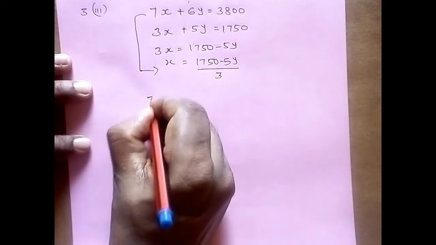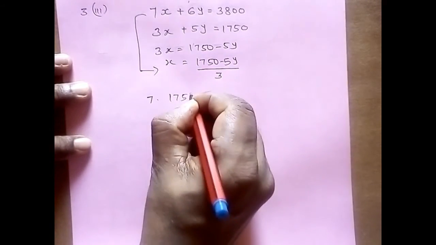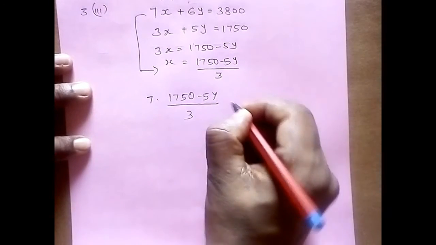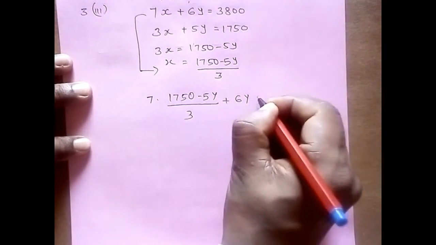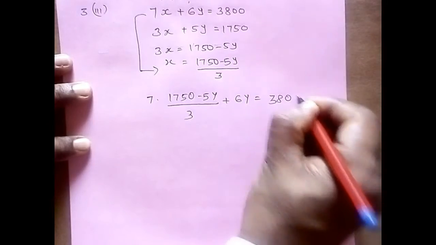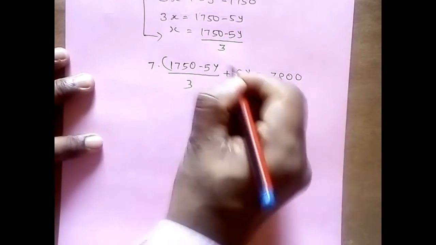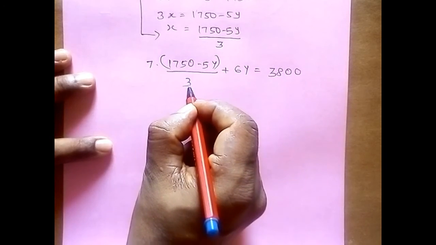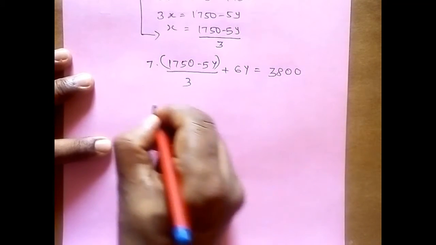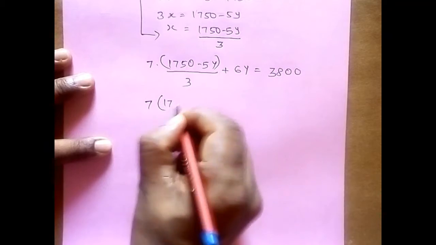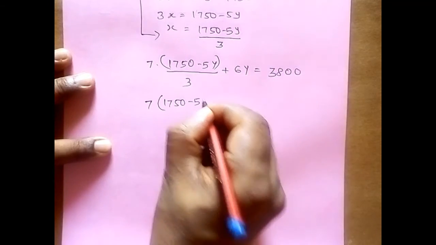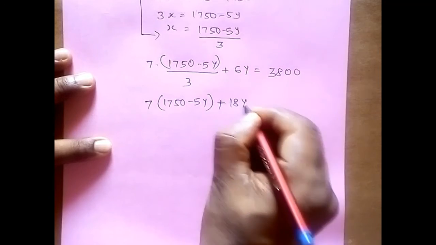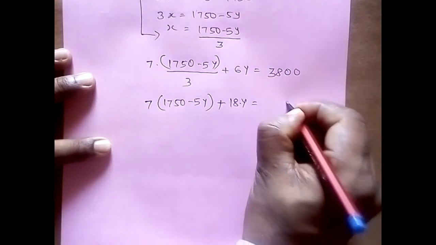That means 7 into 1750 minus 5y divided by 3 plus 6y equal to 3800. Multiply throughout with 3 to take away this denominator. So we will get 7 into 1750 minus 5y plus 3 into 6, 18y equal to 3 into 3800.